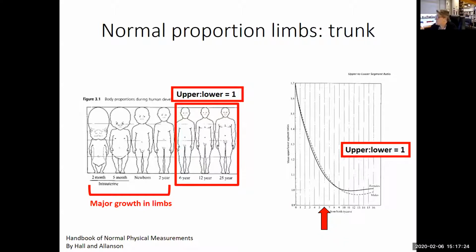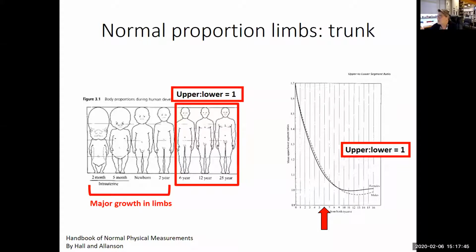So if you're seeing a 10-year-old who happens to plot an upper to lower segment ratio around 1.2 or 1.3, that might not seem numerically like a very big difference from 1.0, but actually that's very, very dramatic in terms of the disproportion of the upper to the lower segment.